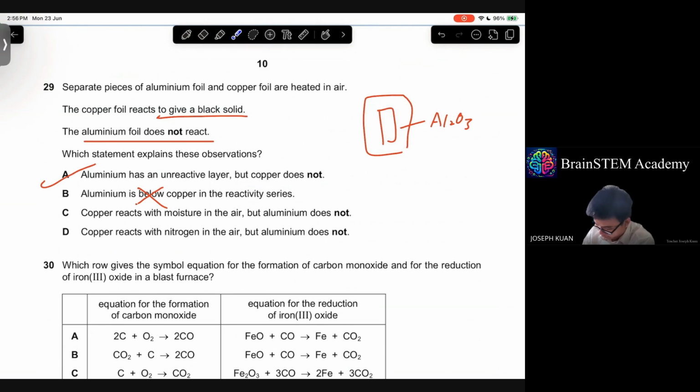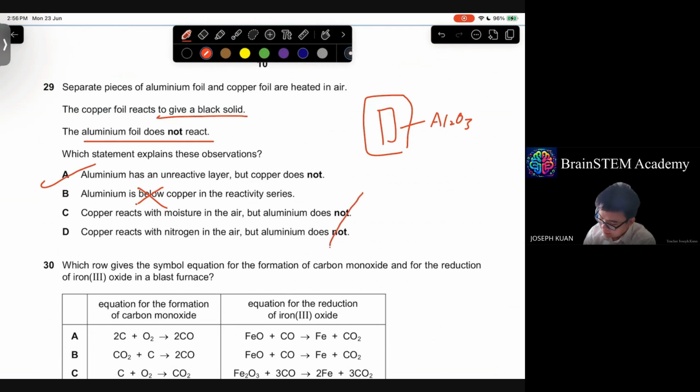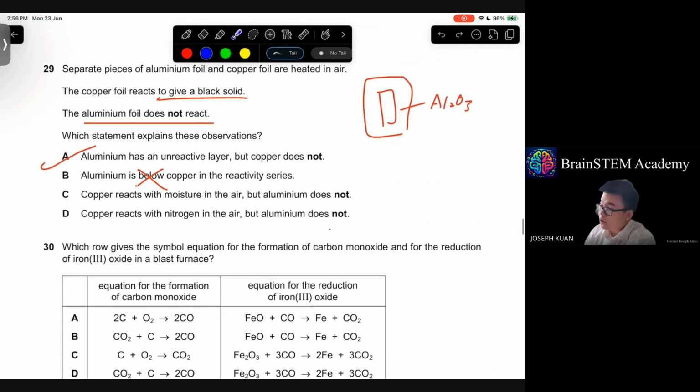So the answer is A. Aluminium does react with things, it's just that you have to remove the oxide layer first for it to react. So 29, the answer is A.